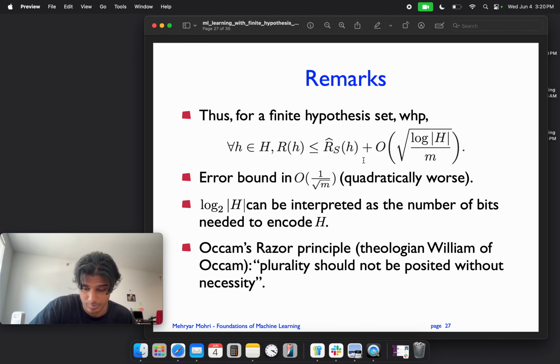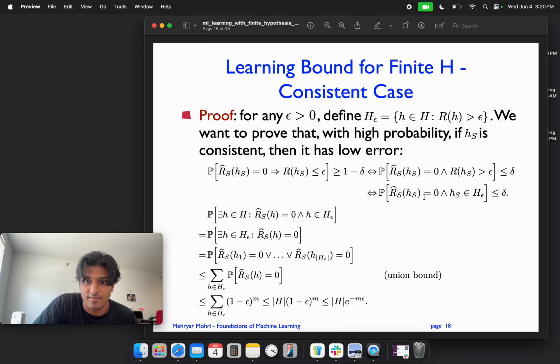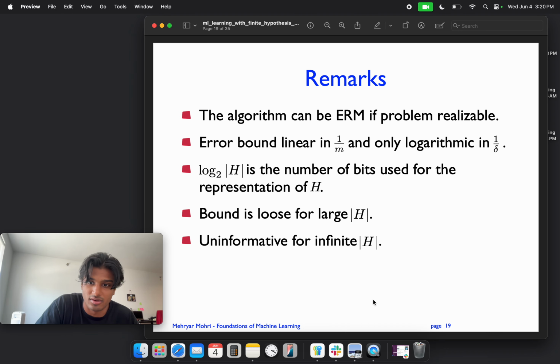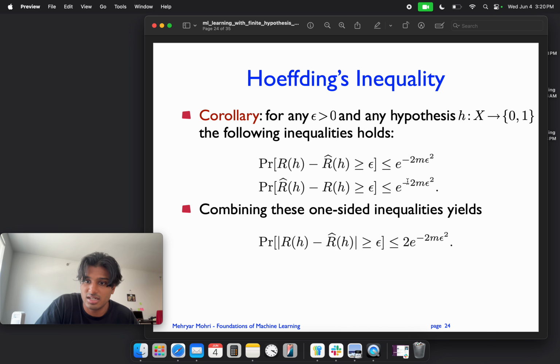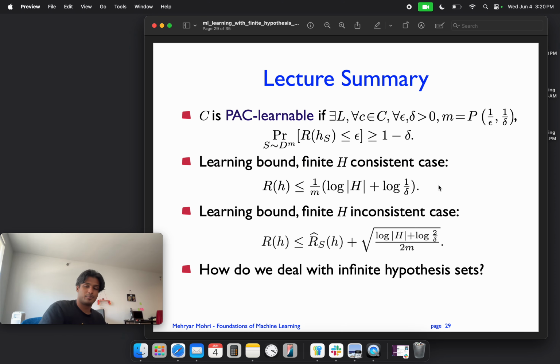So where Hoeffding's inequality gives us epsilon square, this proof gave us just epsilon. This happens because now we are in the realm of probability bounds where things are inconsistent, so we lost that bit of performance.